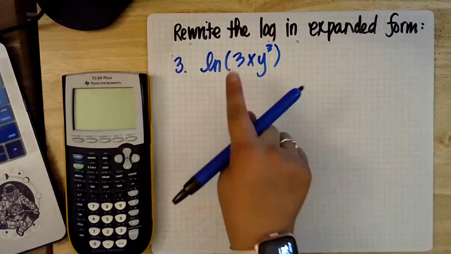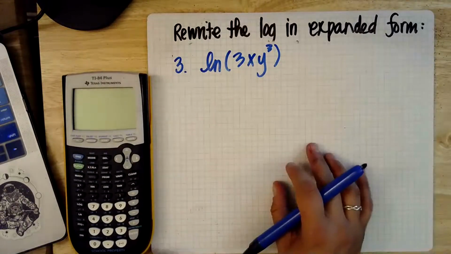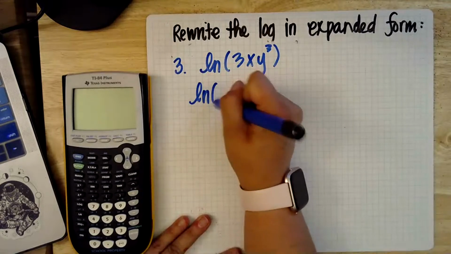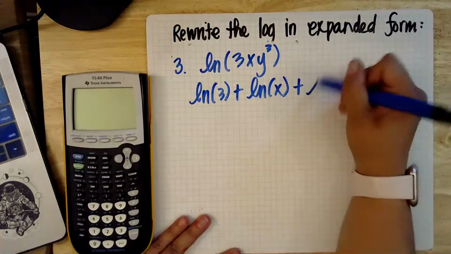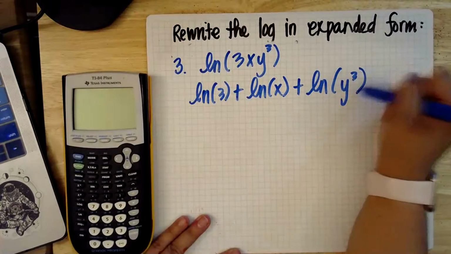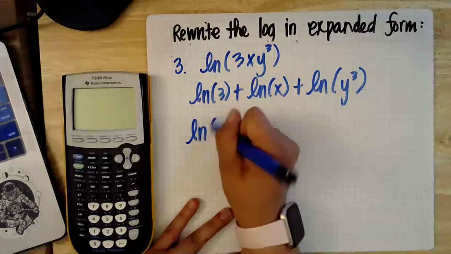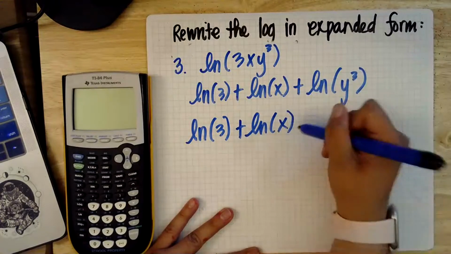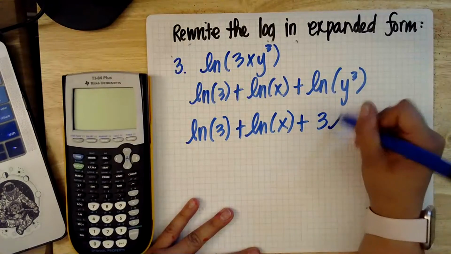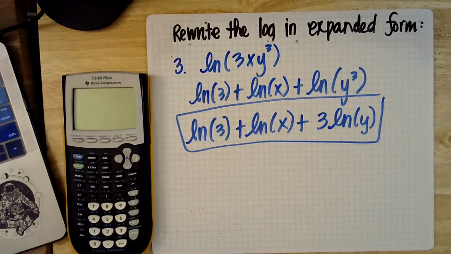So remember, I have 3 times x times y, so there's going to be a sum there, and then I have a higher order power. So that's going to give me ln of 3 plus ln of x plus ln of y to the 3rd. And I need to go ahead and further simplify that one. So my answer is going to be ln of 3 plus ln of x plus 3 ln of y.